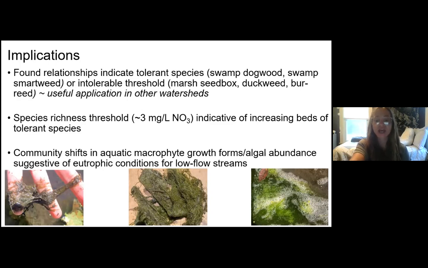And algae actually isn't considered a macrophyte, so it didn't go into any of the calculations for abundance or frequency. But based on my characterization of the stream, it was probably present at almost every single quadrat, which is saying something because there were a lot of quadrats.